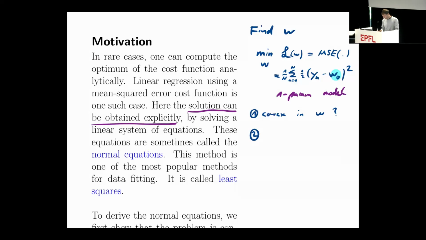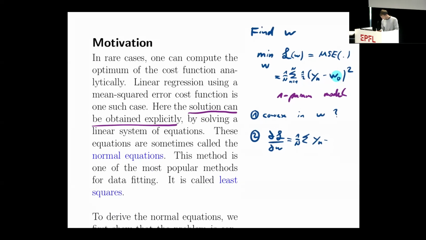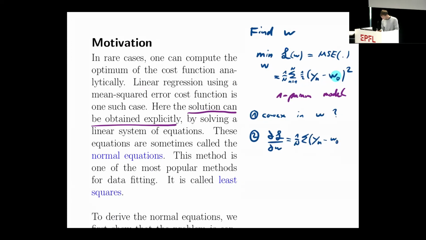Second, can we set the derivative with respect to W to 0? And again, this is a good example to think again what this thing was, right? So the sum, of course, remains there. Then you have all the y(n)s minus. So now I take the derivative of one function here. What remains is what was in the bracket, and then what comes out is the inner derivative, and the 1/2 has just been cancelled with the 2 coming down.